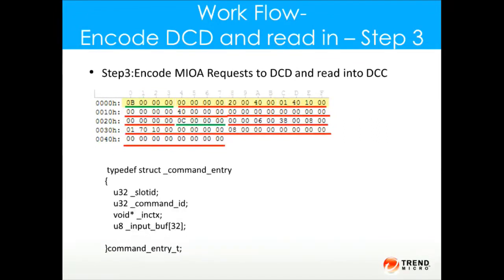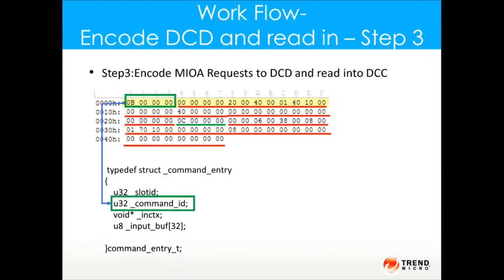So we must encode or format the I/O requests to a specific format, so as to be suitable for AFL fuzzing. For example, take the USB related devices command entry.